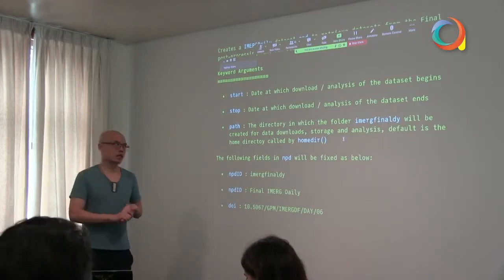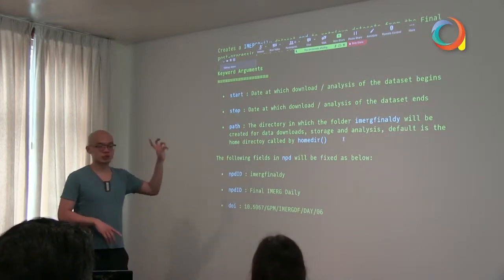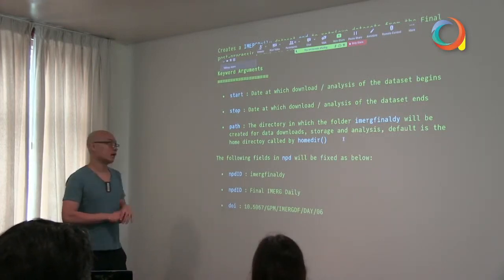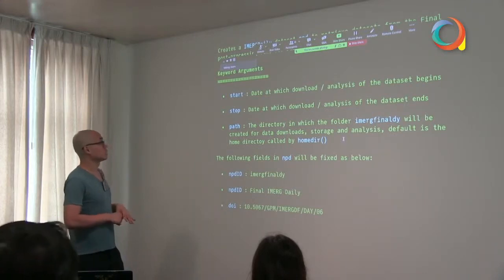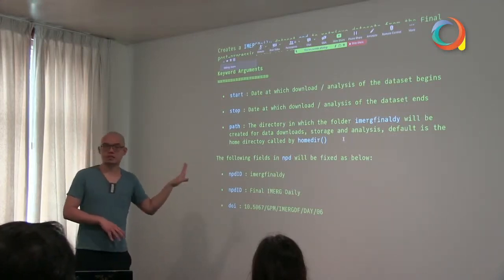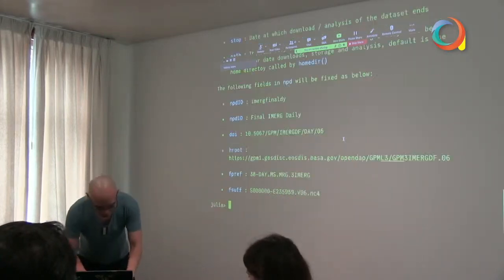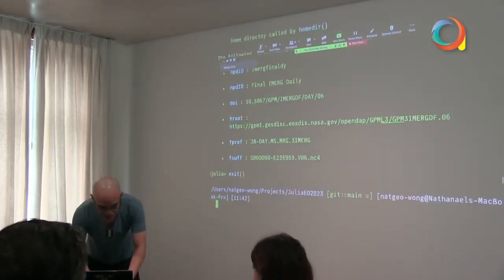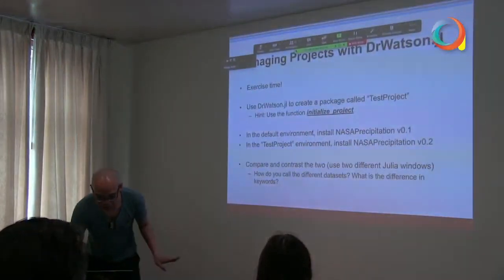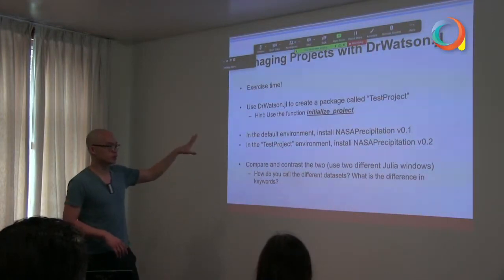But that's basically a very quick and dirty summary of package environments and how you handle them. There's quite a bit more to learn about this, but I just wanted to give you some examples, because I think this is important in best practices and in learning how to use Julia easily.